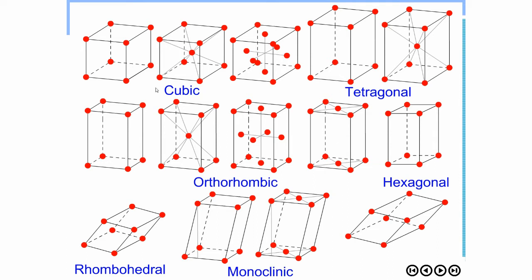In some systems, like cubic systems, the positions where atoms can stay are defined in various ways. For instance, the first one here is called simple cubic cell. Okay, the atoms can stay only at the corners. The middle one here is called body-centered cubic cell.